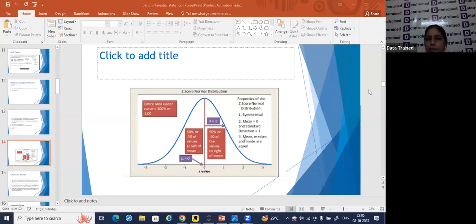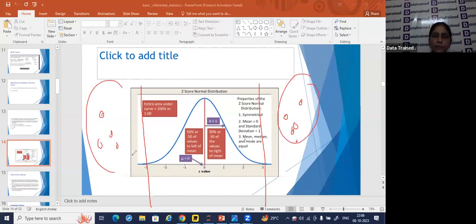So basically, now you should know, when we talk about the Z-score value, remember, any data which is far away, beyond 3 standard deviations, they are outliers or abnormal data.